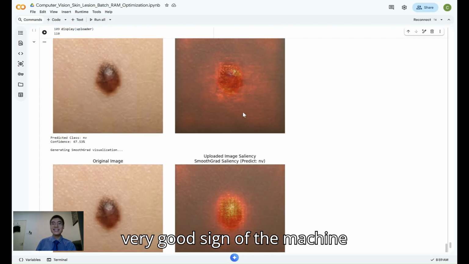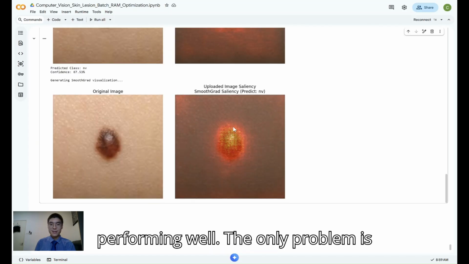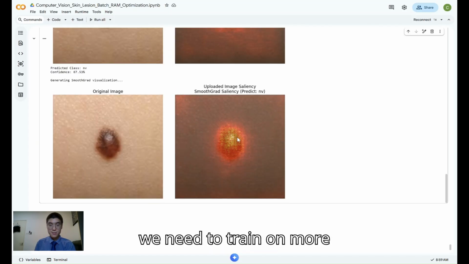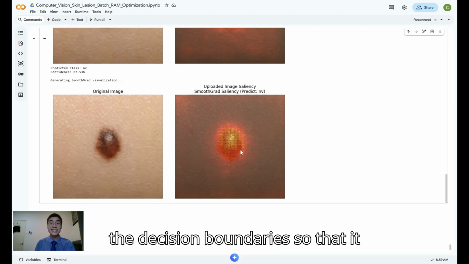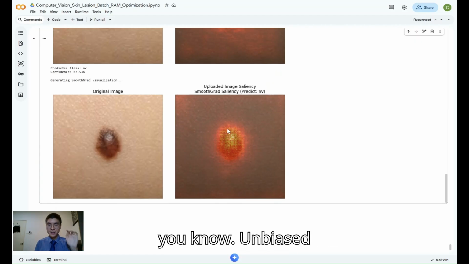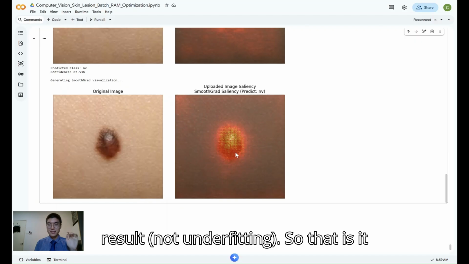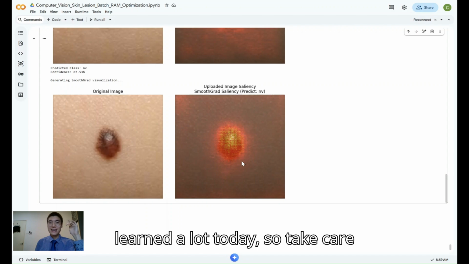So overall, this is actually a very good sign of the machine performing well. The only problem is we need to train on more data and then adjust the decision boundaries so that it gives a more unbiased result. So that is it for my live demonstration.